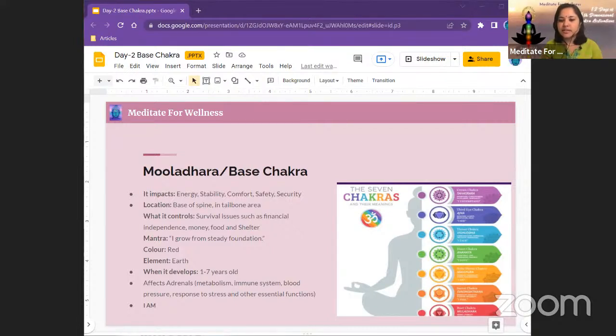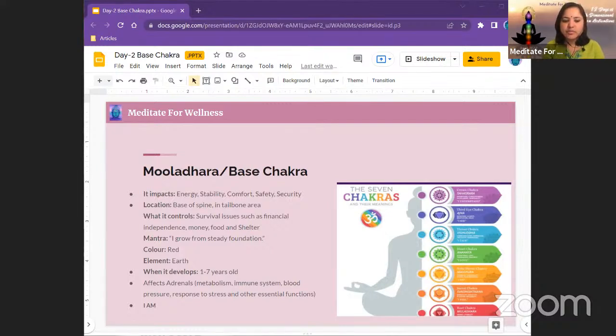The cosmic energy that flows through our crown chakra flows down the body, clearing all the blocks. That happens during meditation automatically. You really don't have to focus on any chakras, but it's good to know that you have this body. As we talked yesterday, these chakras are not present in our physical body. They are present in our energy body, that is also called our mental body.